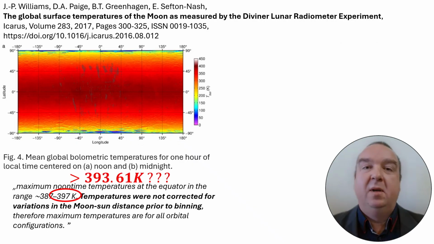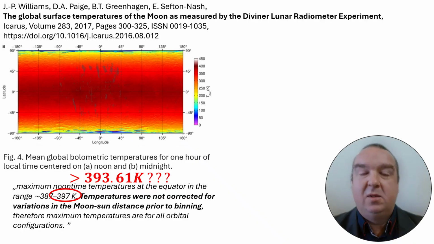The first thing that we can read in this article is that the mean zonal noontime temperatures can be higher than we counted in the slow rotational model and in the standard temperature model, which is very strange.